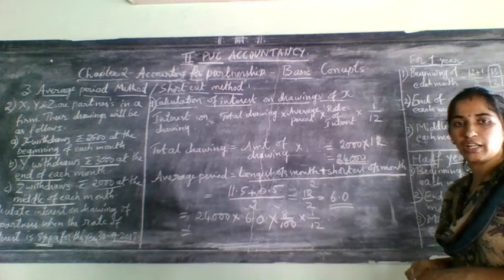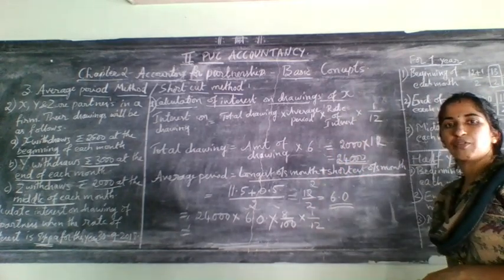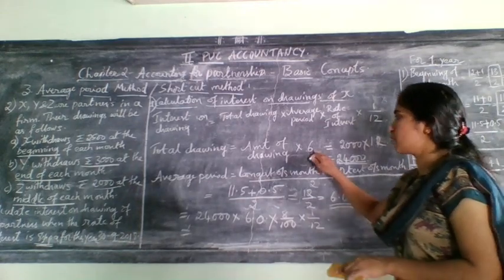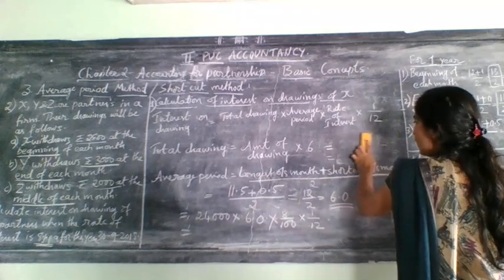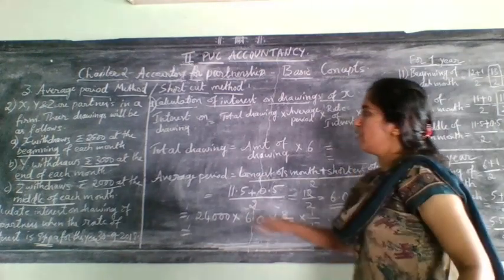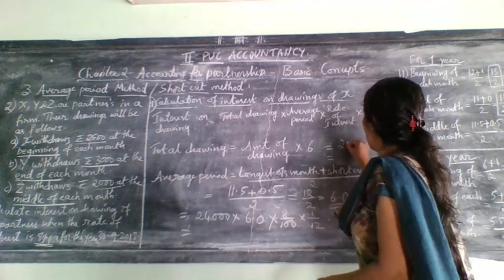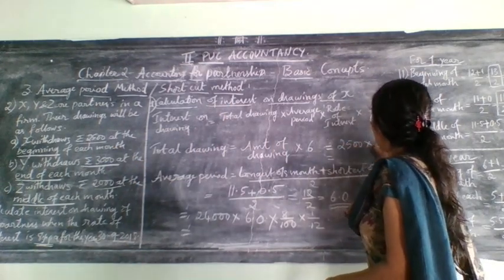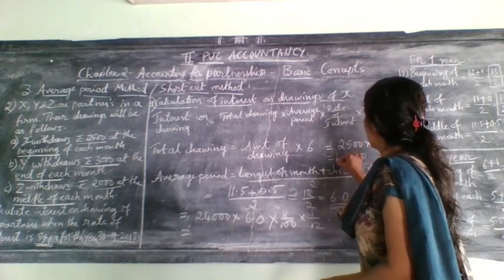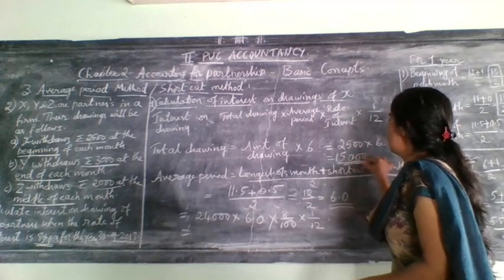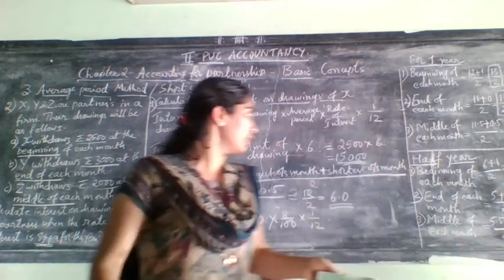Why? Because we are not calculating it for one complete year. Instead, we are calculating it for half year. So, it will come here 6. X is drawing 2,500 into 6. It will come 15,000. So total drawing will come 15,000.